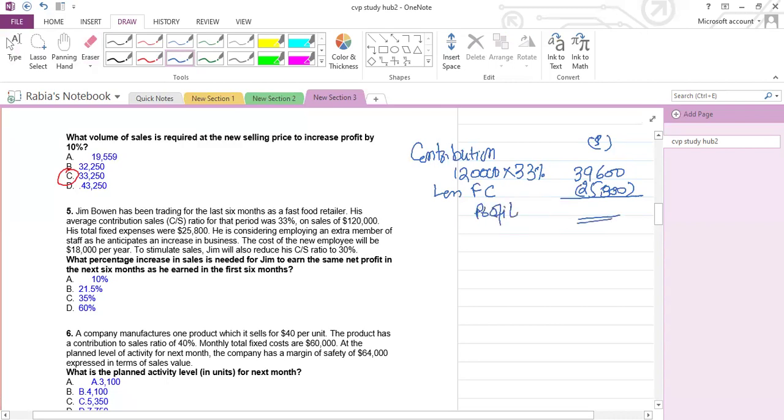What is your profit? Sorry, it is 13,800.